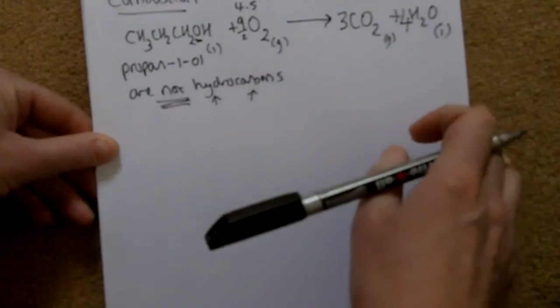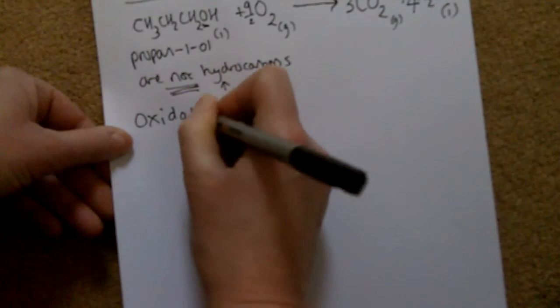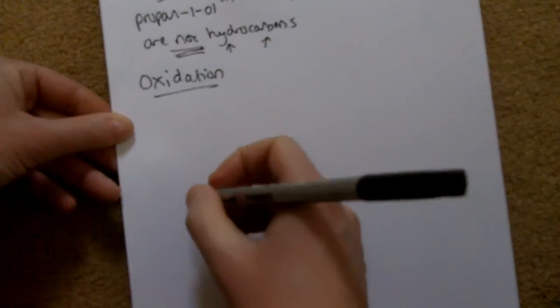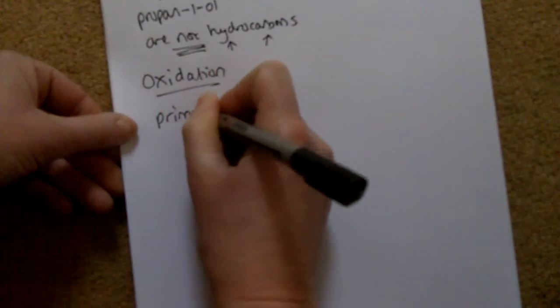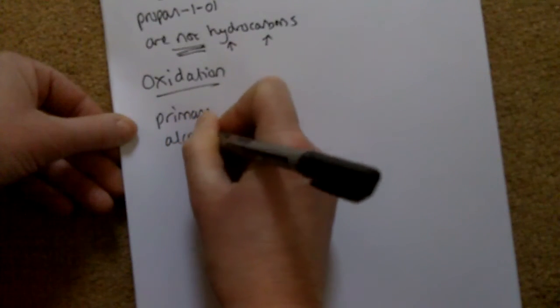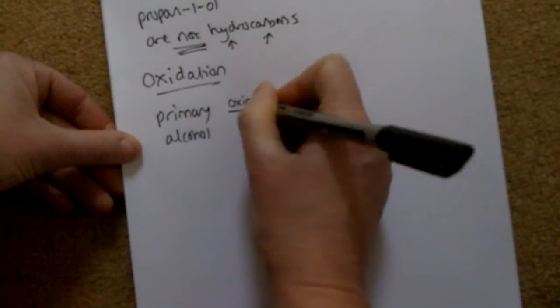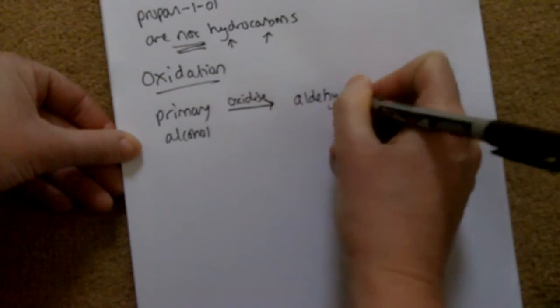The second reaction of alcohols is a reaction called oxidation. Okay, oxidation. Now, this is when you take a primary alcohol and you oxidize it to an aldehyde.